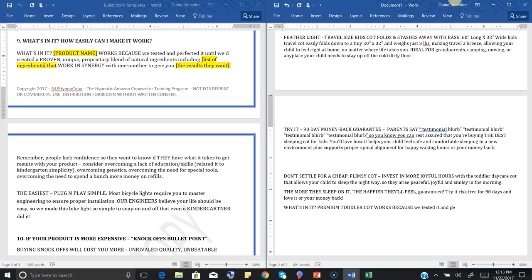We tested it and perfected it until we created a proven, unique, proprietary system, including, and this would be a good one if you're going to talk about the titanium alloy wheels, the 6 tri-prong stability legs.